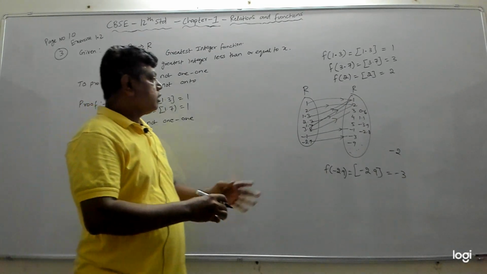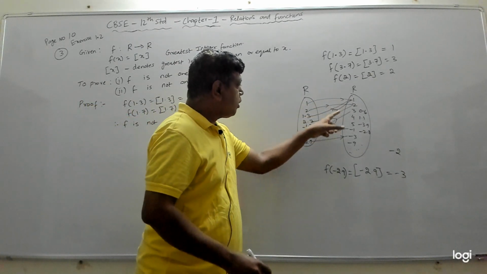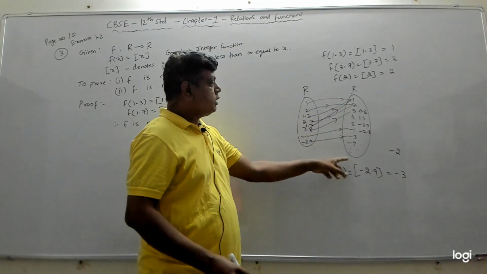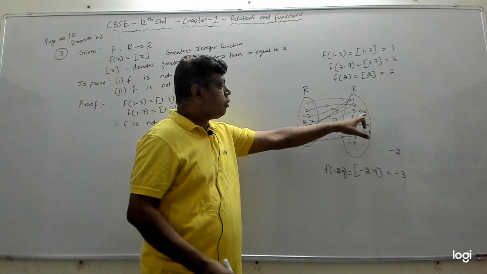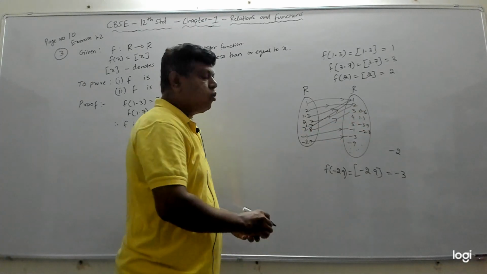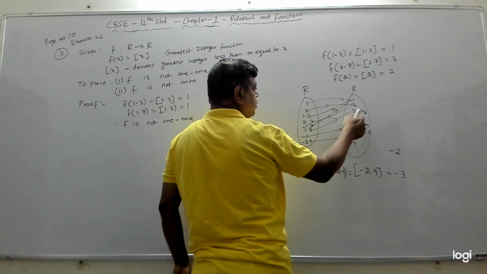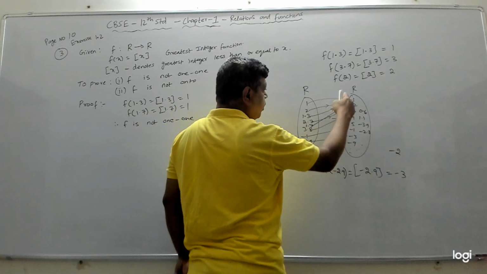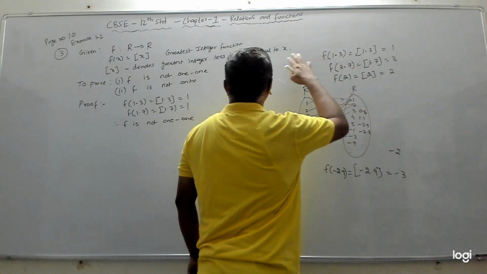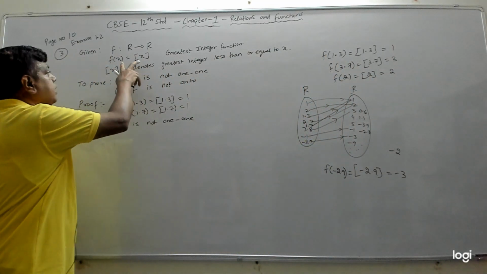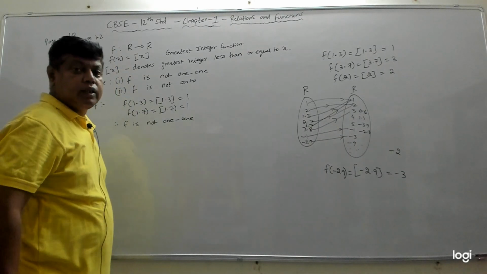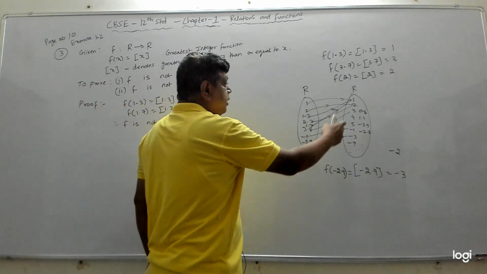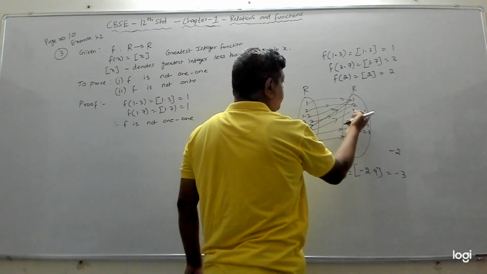Next one is to prove that it is not onto. Now clearly if you see all these numbers, they are going to only integer values. No number will go to 1.1 or 0.6, because the output of this function, the floor of x, will always be an integer. So only the integers will be the image of some element here.